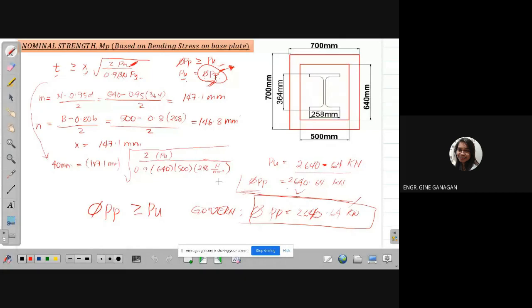Okay? So parehas pa rin yung concept. Kasi yung mas madali yung problem 1 natin kasi ang dinidesign natin is square. So parehas yung B and N. So paano naman pag rectangular, di ba?